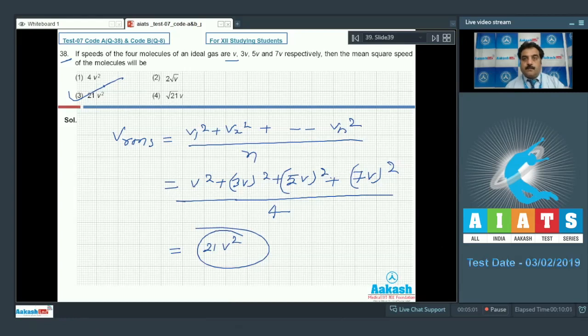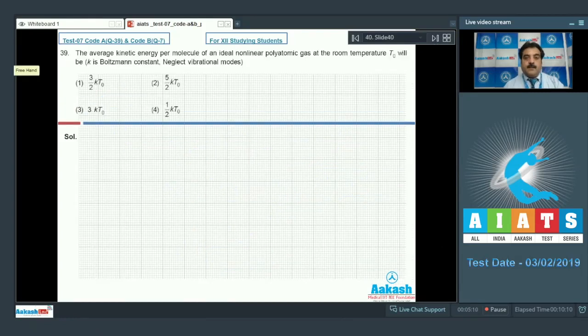Let's move on, question number 39. The average kinetic energy per molecule of an ideal non-linear polyatomic gas at room temperature T0 will be, where K is the Boltzmann constant and the vibrational mode we can neglect.